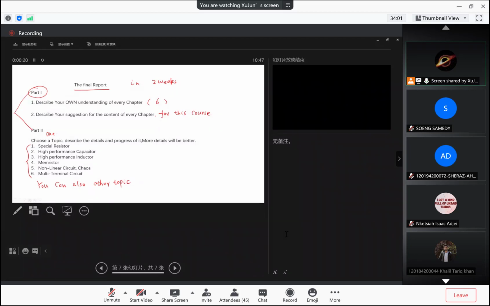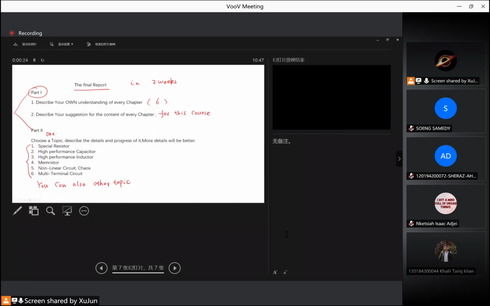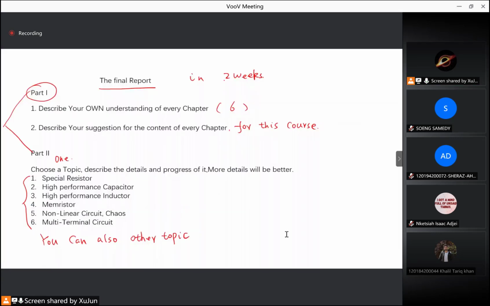Okay, then 3 weeks. Student: Maybe 3 to 4, and can you give us a format for how big the report should be? Teacher: Format? No format. Okay, thank you. Any other question?